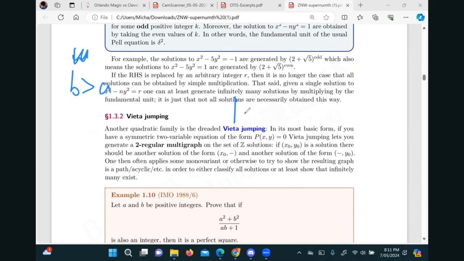Wait, we're jumping A now. So then it jumps to KA minus B, if B is bigger. So you can keep decreasing it until it becomes very small.